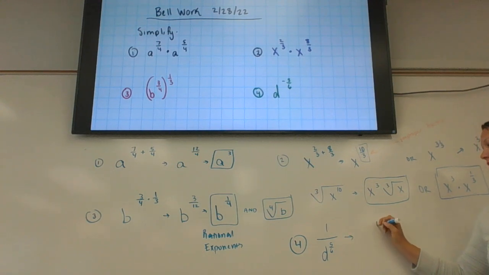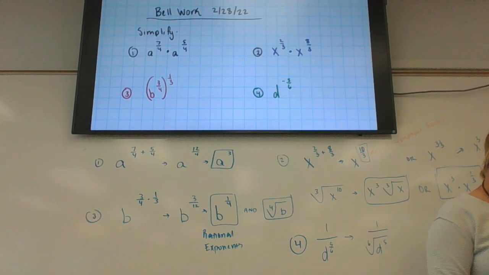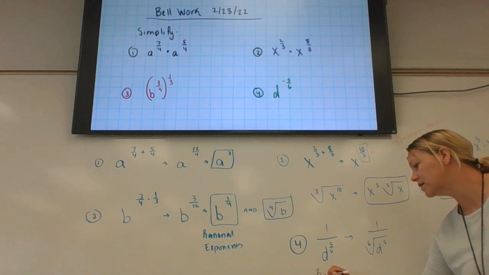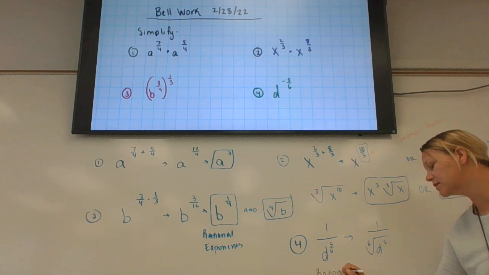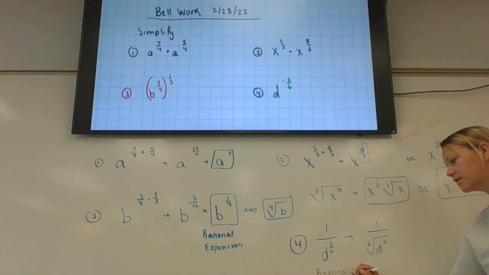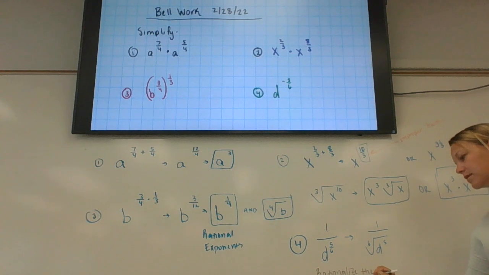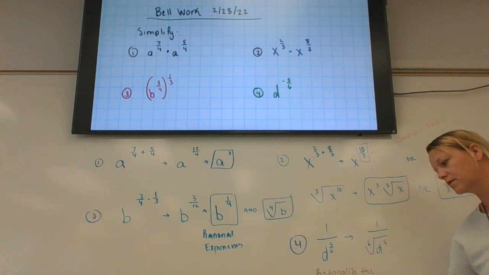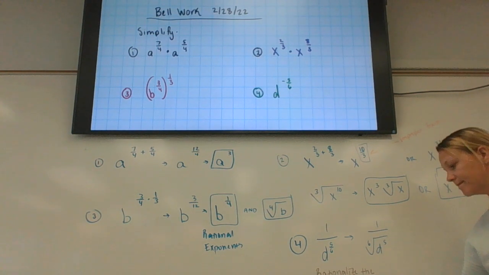So this one, we're going to think about in radical form, and we're going to rationalize. If you end up with a rational exponent in the denominator, you have to rationalize it.